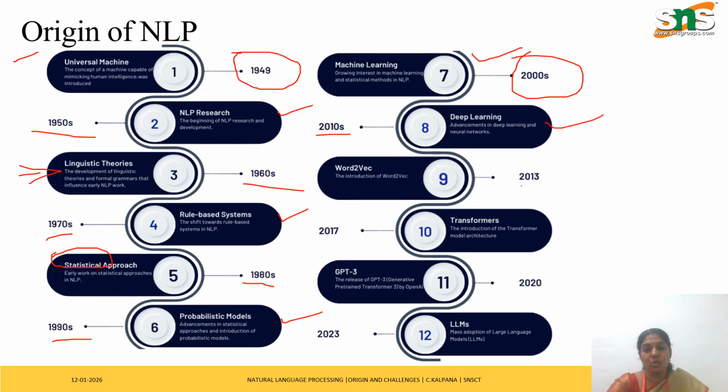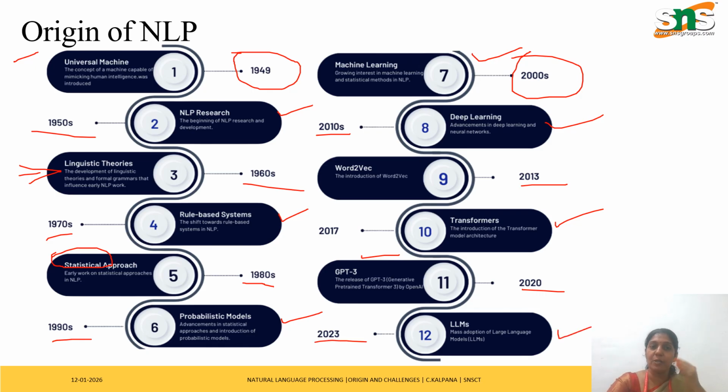In 2013, word to vector, where we split the words into tokens, was introduced. In 2017 transformers were developed, then in 2020 GPTs were introduced, and in 2023 large language models were introduced.